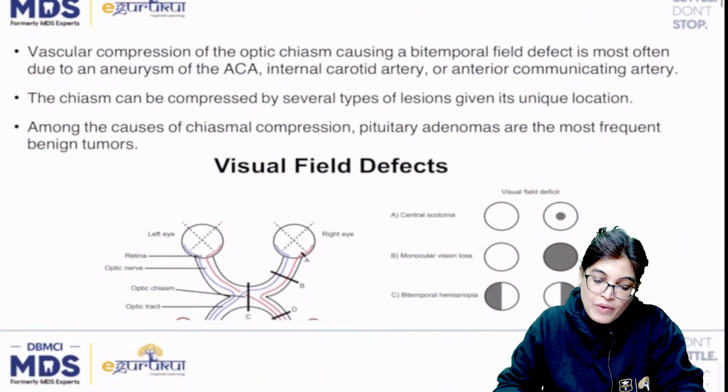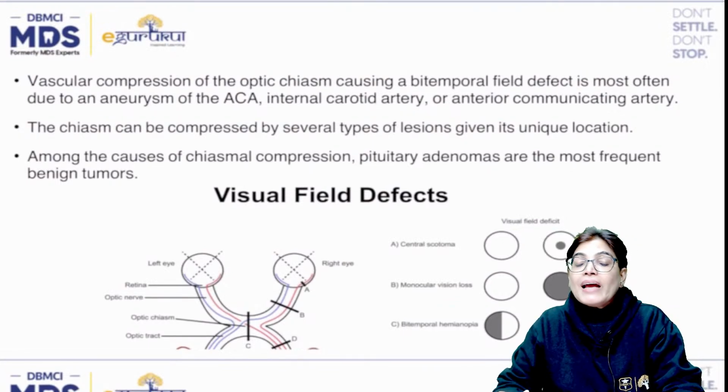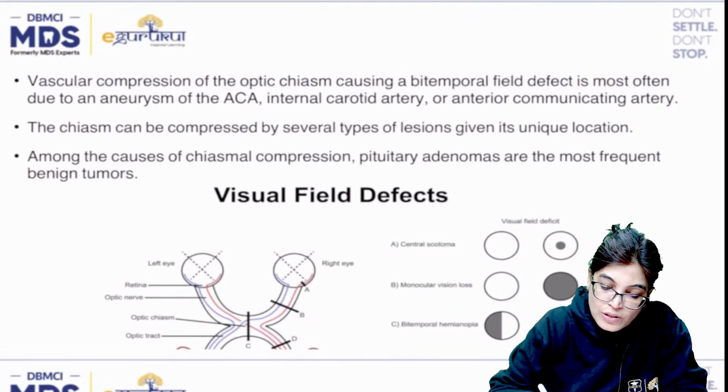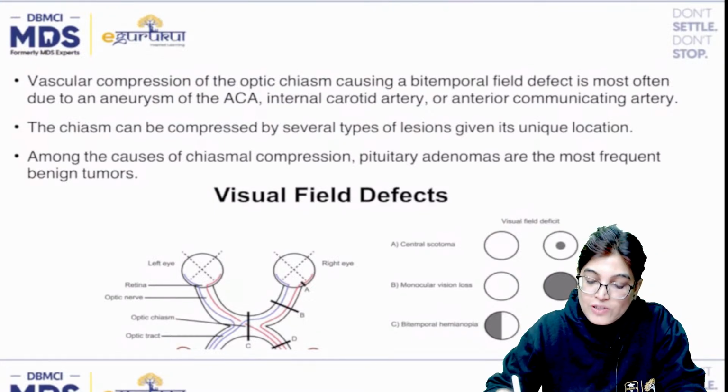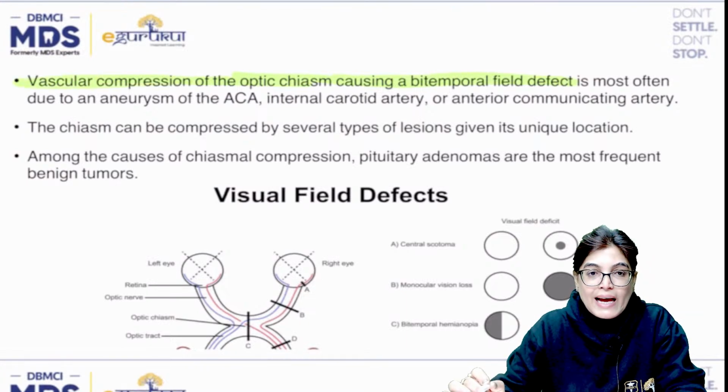So if I am talking about the vascular compression which is happening at the location of the optic chiasma, the defect which will be seen in this case will be a bitemporal field defect by the compression of the optic chiasma.